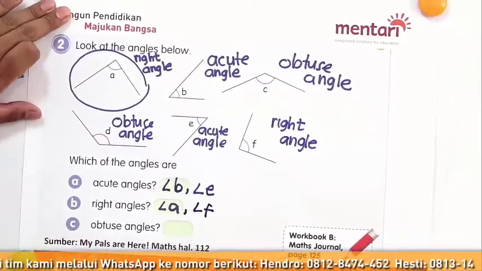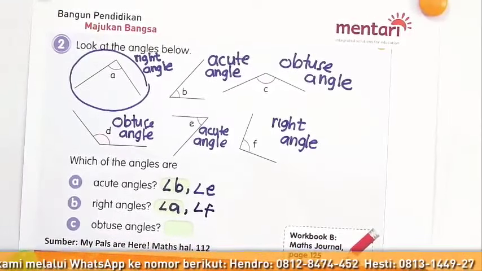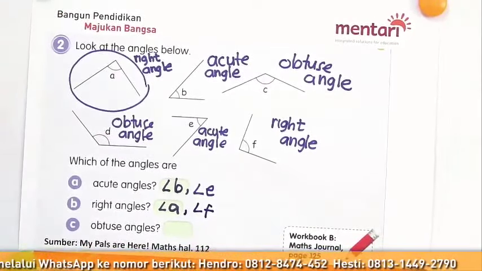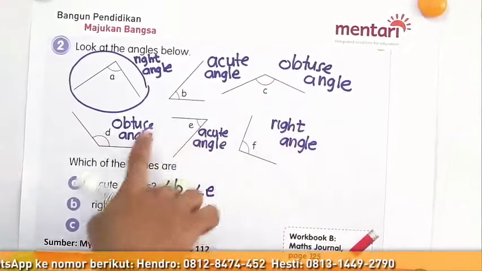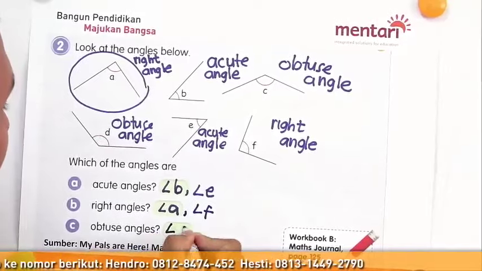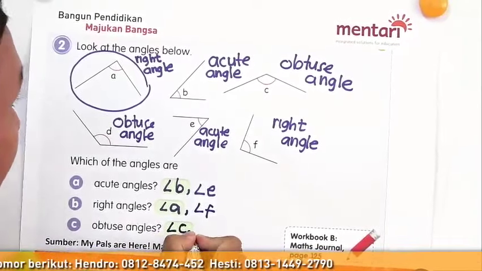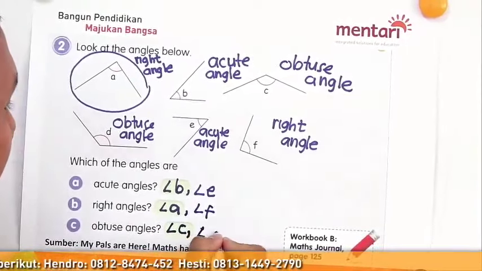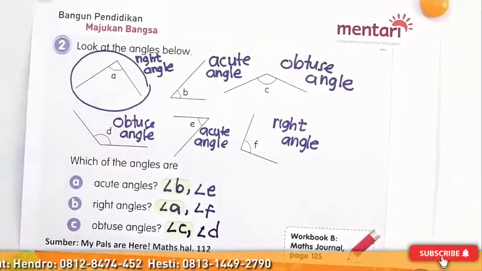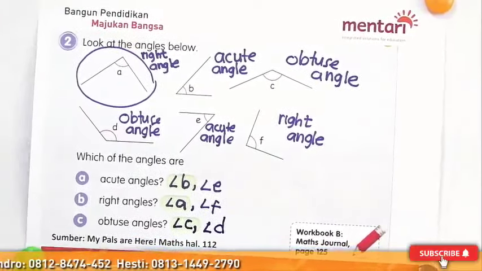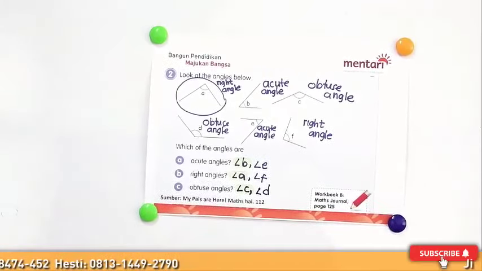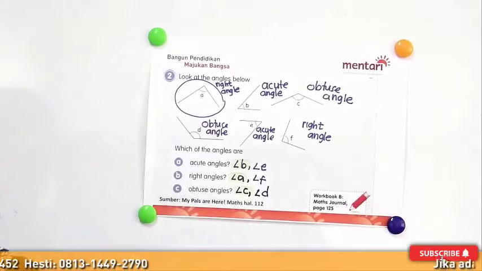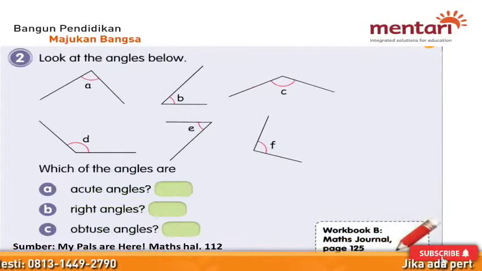All right? And which ones are the obtuse angles? There are 1 and 2: angle C and angle D. We have finished number 2. So far so good, yeah? I think that's all for the practice in identifying the types of angles.